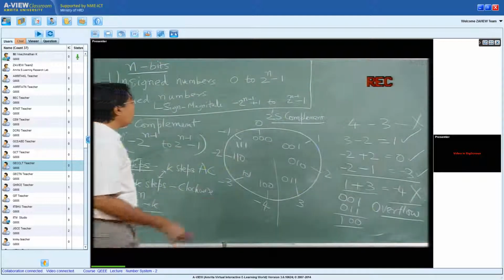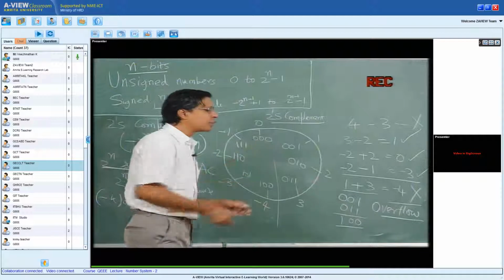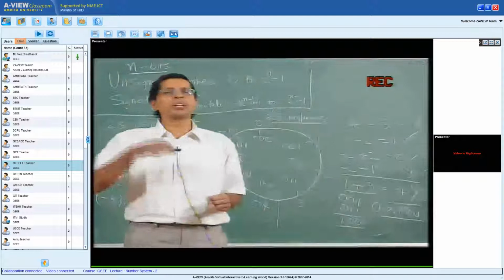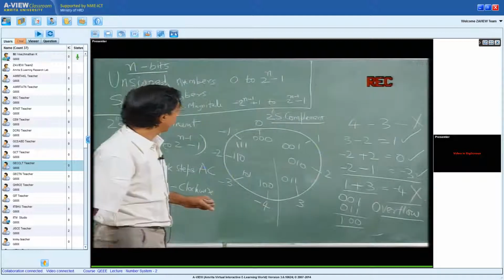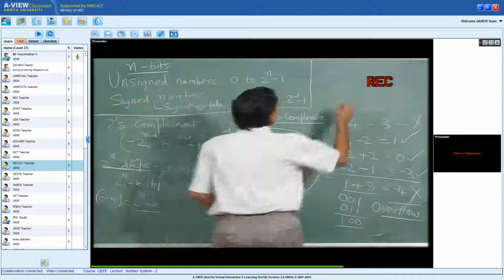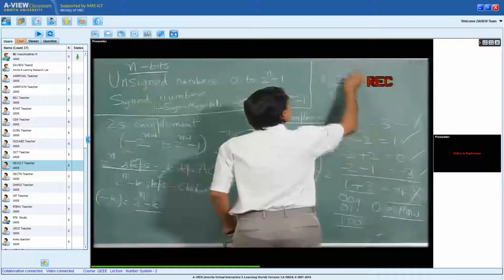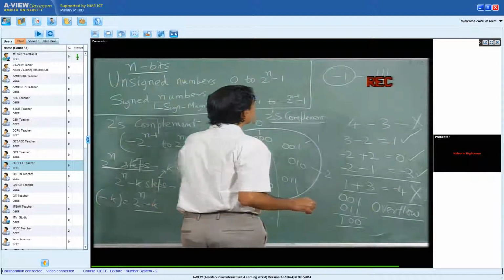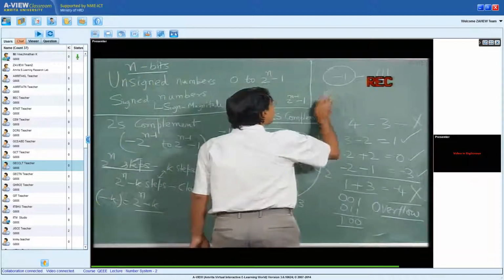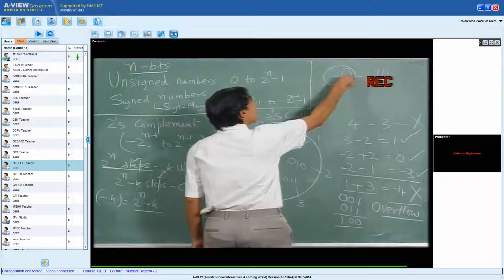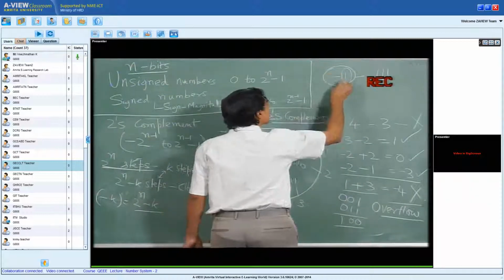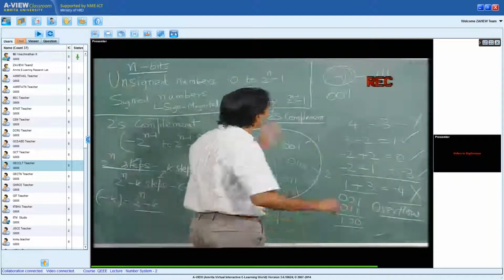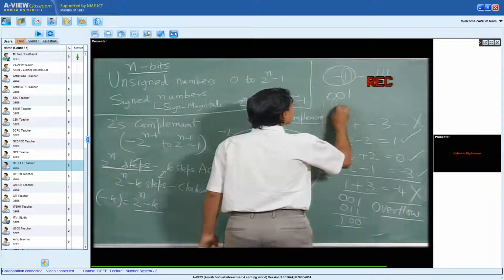Now given minus 1, how quickly will the compiler convert this minus 1 into 2 power n minus 1? I am given minus 1, and I should realize 1 1 1. How will I get this? I take the magnitude part alone, 1, and neglect the sign bit. So what is 1 in 3 bits? It is 0 0 1. Then I complement every bit, so it becomes 1 1 0.